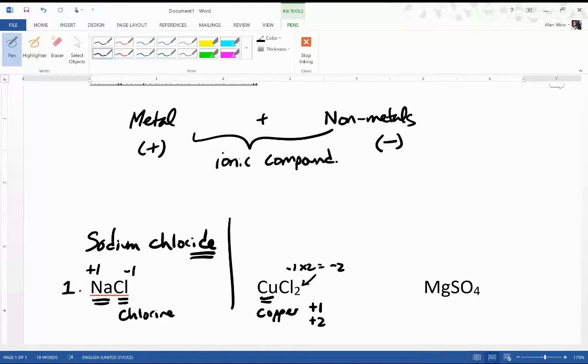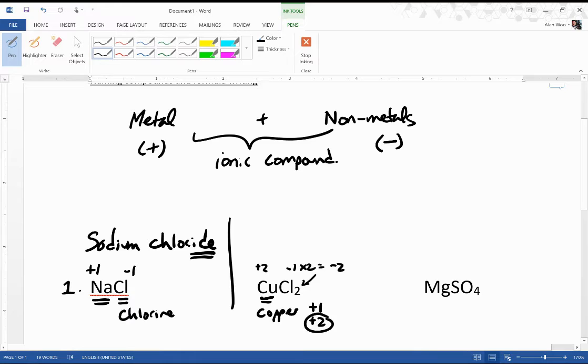Which one would make more sense? Would it make sense that the copper only has a +1 charge, or should the copper have a +2 charge? If the copper has a +2 charge, then you only need 1 of them to balance out the 2 chlorines. So this copper here must be the copper that has a 2+ charge, because this 2+ will cancel out the negative effects of the -2.